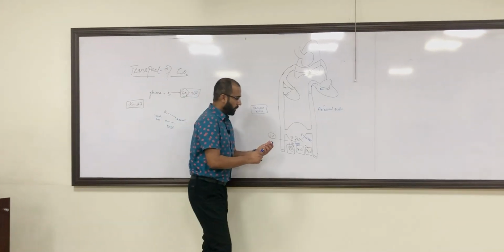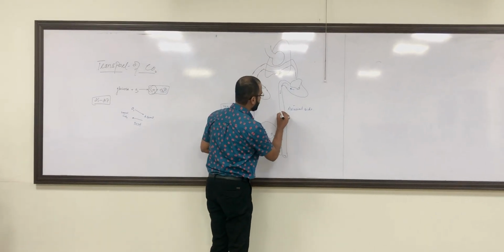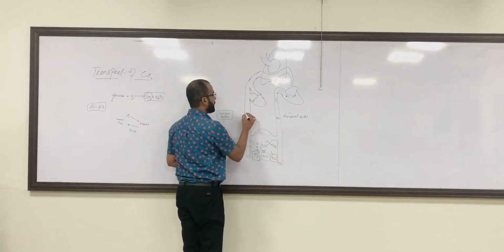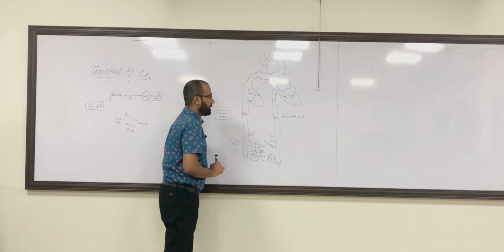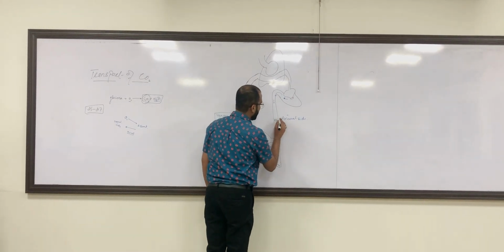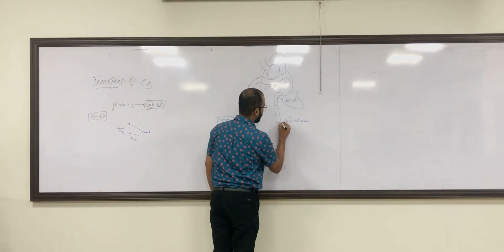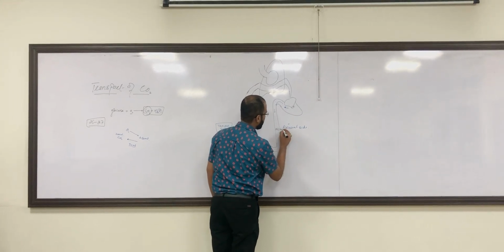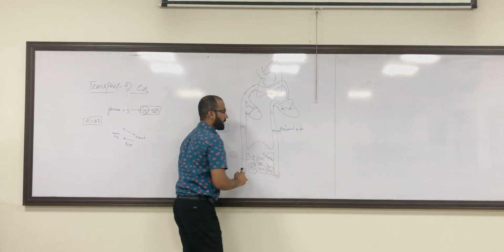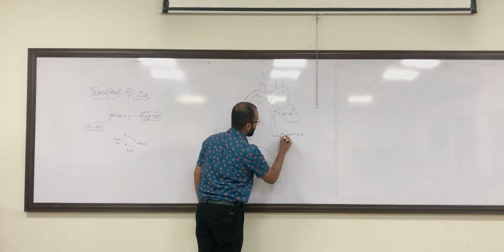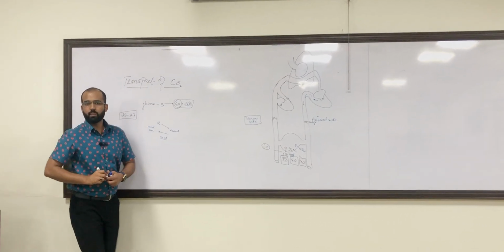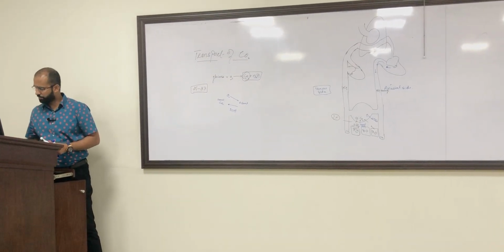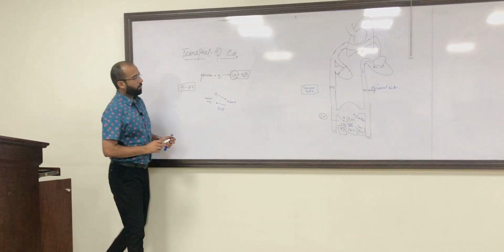So what is the partial pressure of the carbon dioxide in the arterial side and in the venous side? The partial pressure of the carbon dioxide in the arterial side is about 40 millimeter of mercury.